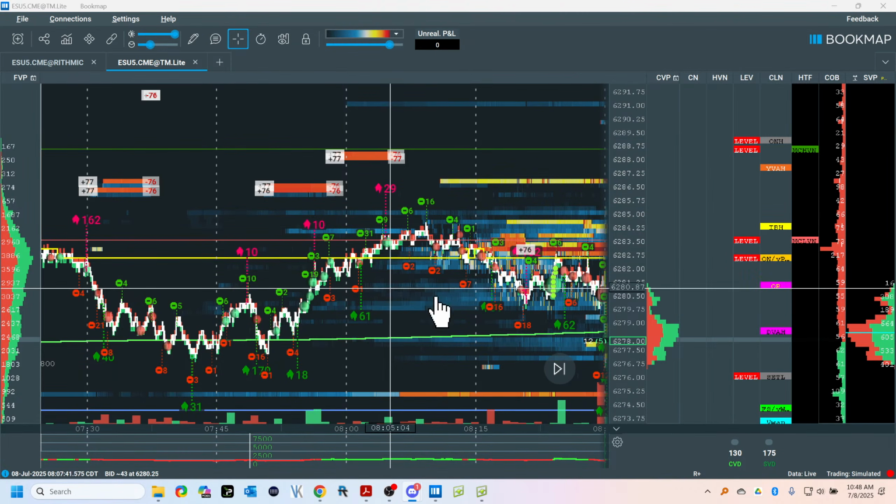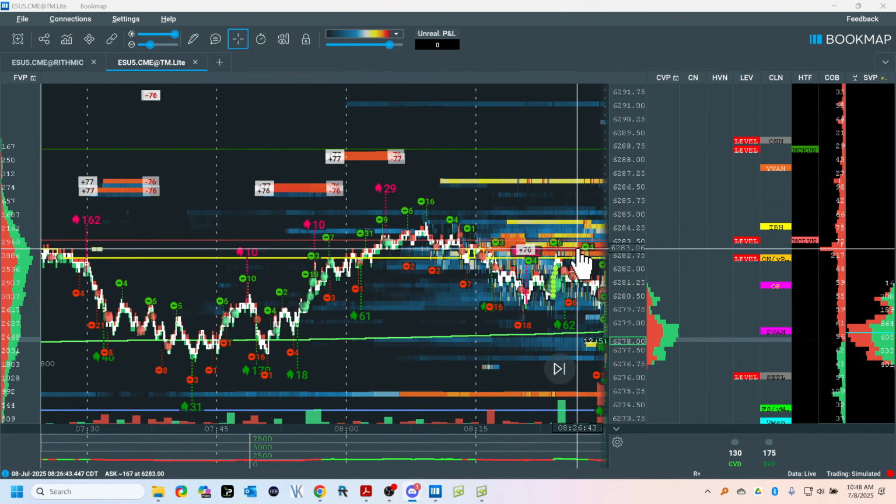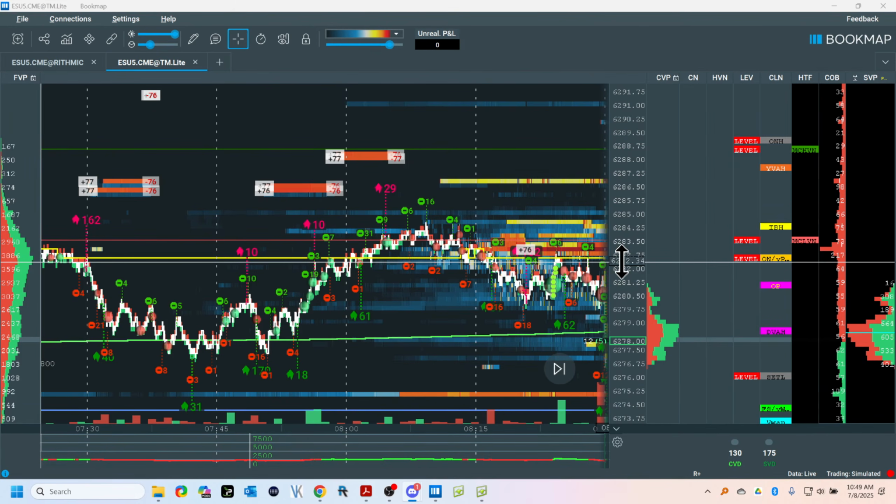Now, the thing about it is, in the TraderLab, I focus on volume profile and auction market theory. But the important thing about using the heat map is it is the final piece for execution, your trade entries, and also we can use the heat map for trade management.